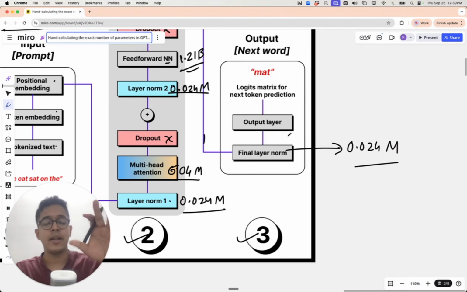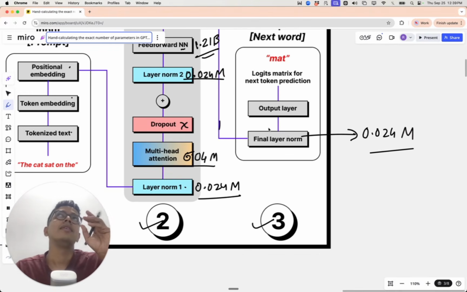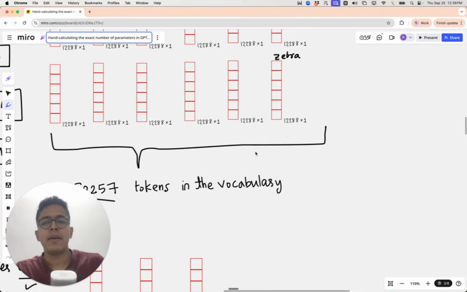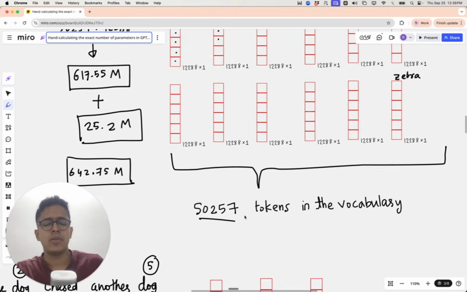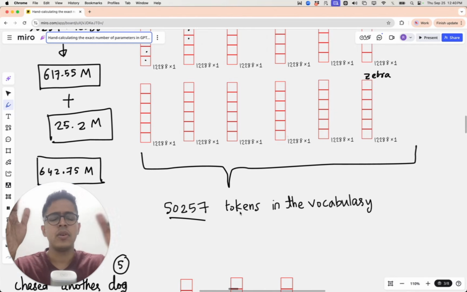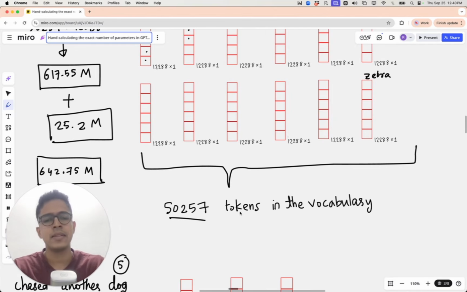Our dimensionality of the transformed token is still 12288. Now at the output, we want to say, my vocabulary looks something like this. I have 50,257 tokens and I want to predict the next token. Basically I want to know, out of these 50,257 tokens, which one comes next based on the current prompt input.